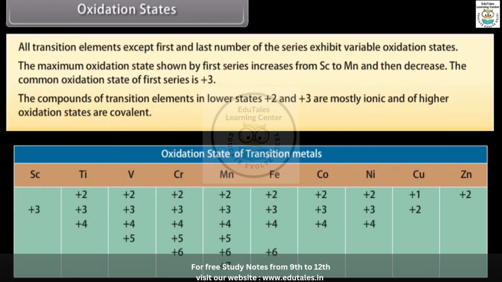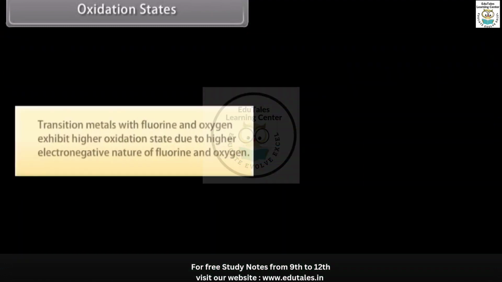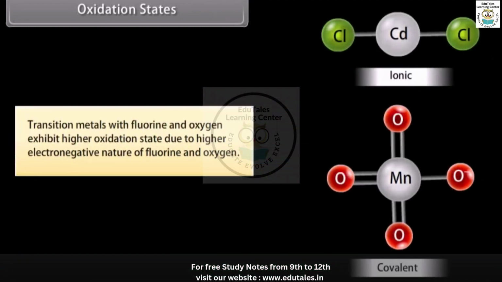For example, ZnCl2 and CdCl2 are ionic in nature and Cr2O7^2- and MnO4^- are covalent in nature. Transition metals with fluorine and oxygen exhibit higher oxidation states due to the higher electronegative nature of fluorine and oxygen.